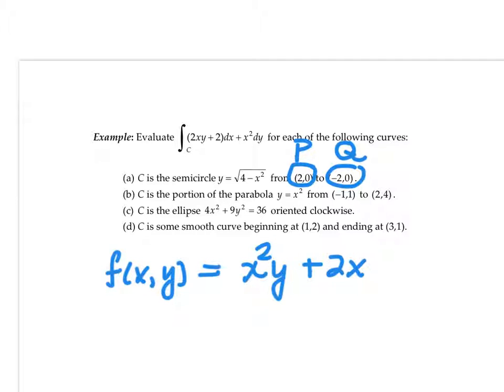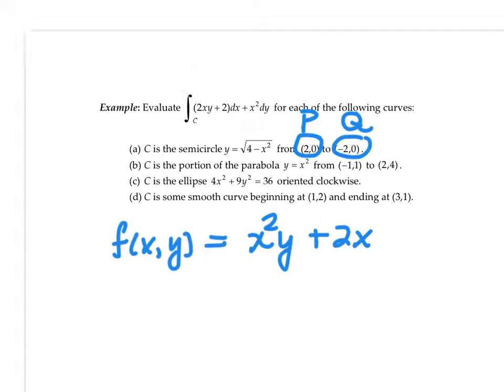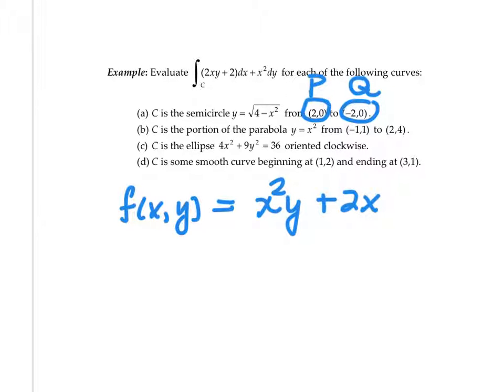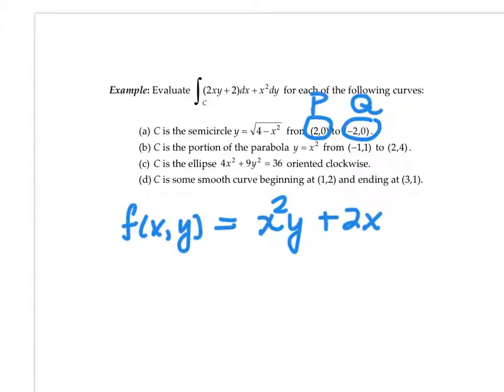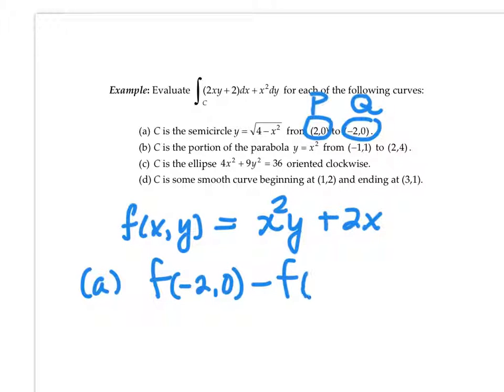What the fundamental theorem of line integrals says is that to evaluate this integral, all we have to do is evaluate our potential function at the endpoint and subtract the potential function evaluated at the beginning point.